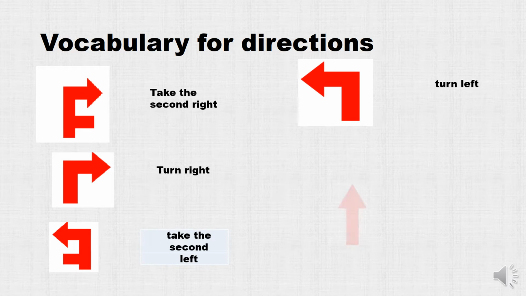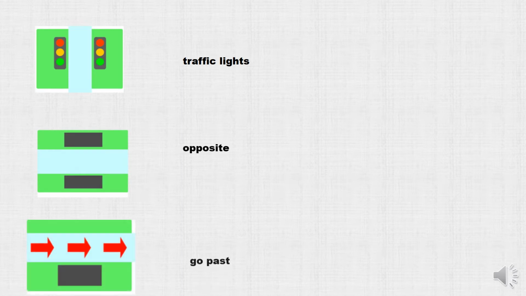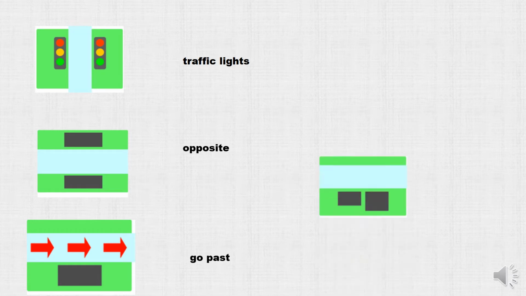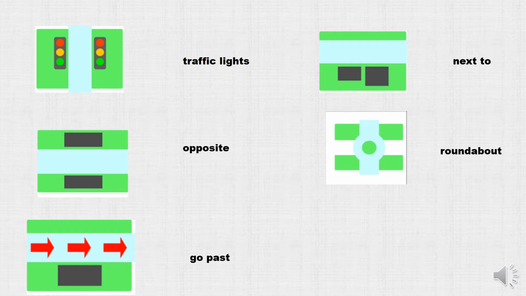Turn left. Go straight on. Traffic lights. Opposite. Go past. Next to. And roundabout.